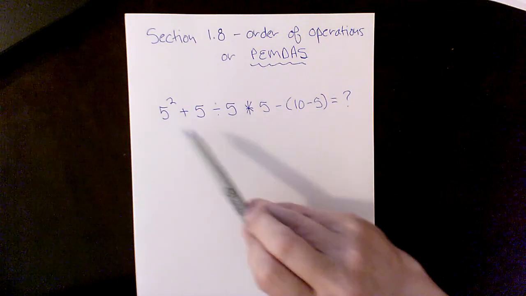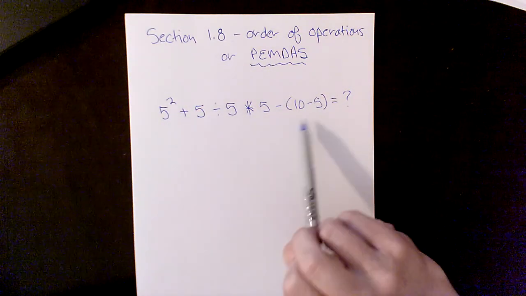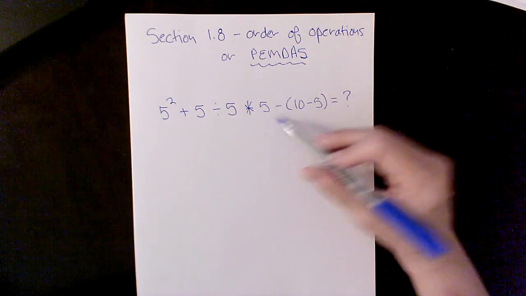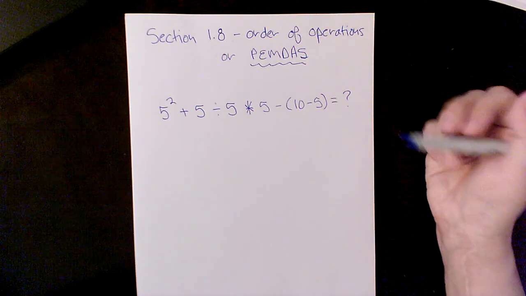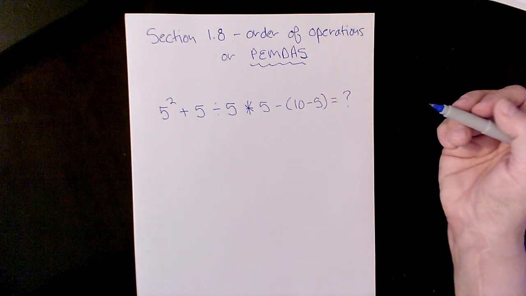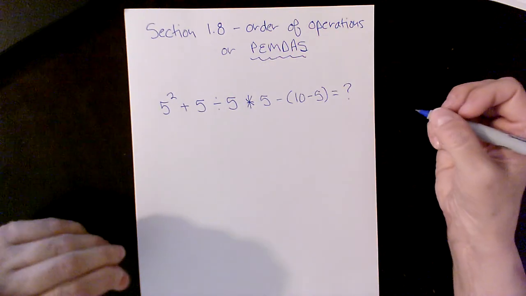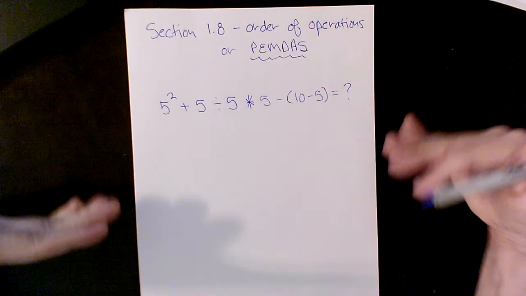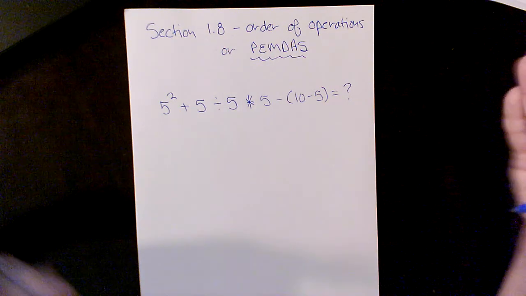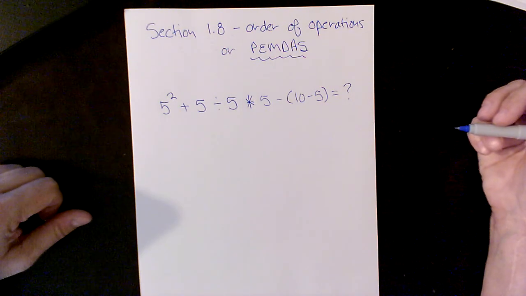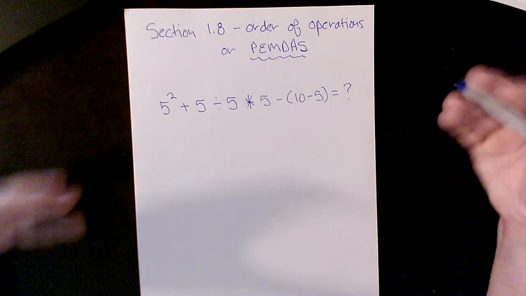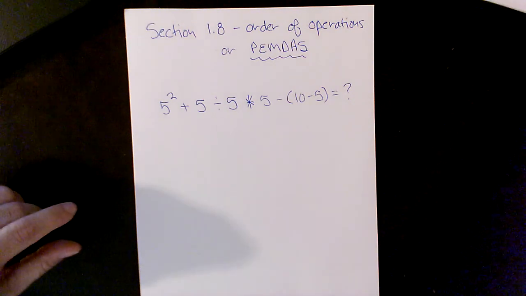Would I do the division, the exponent, the 10 minus 5? How do I know where to start? So in math, we have rules that we follow so we know which order to go. And those rules are the order of operations.